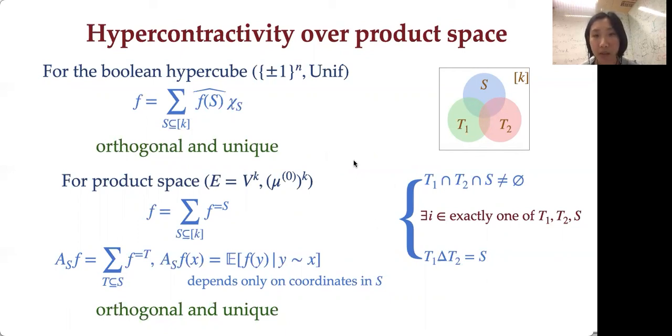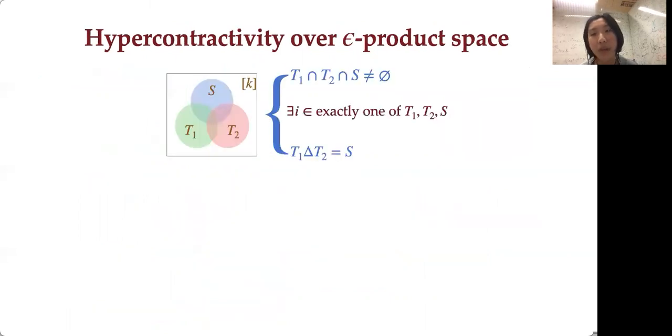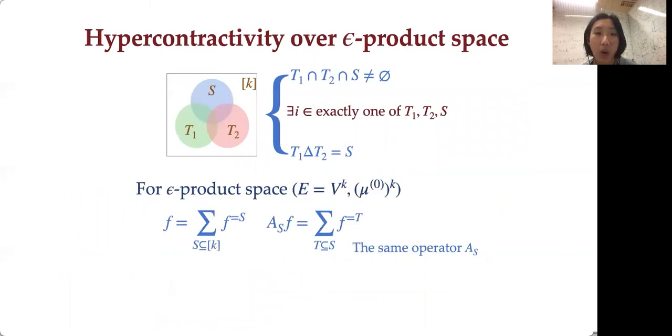And precisely because of the orthogonality of this decomposition, all the terms corresponding to the second case are equal to 0. They all vanish in the product space setting. However, when we move on to the epsilon product space setting, we again have this decomposition as before. We still have this f, which we decompose into f equal to S for every S subset of 1 through k, and we still have this projection operator A_S, defined as before.